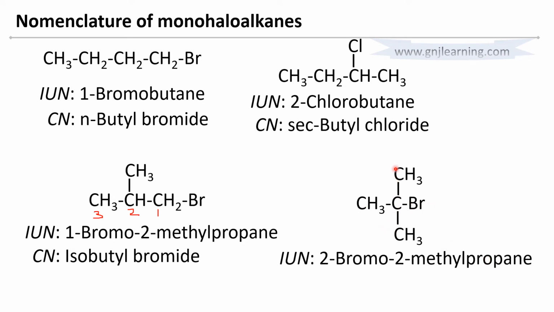Clear? Again, bromide is the parent and it is attached to a carbon atom. Again a special branch. So this is again butane, and in butane bromine is attached to the tertiary carbon atom. So how can I name it? It is tert-butyl bromide.